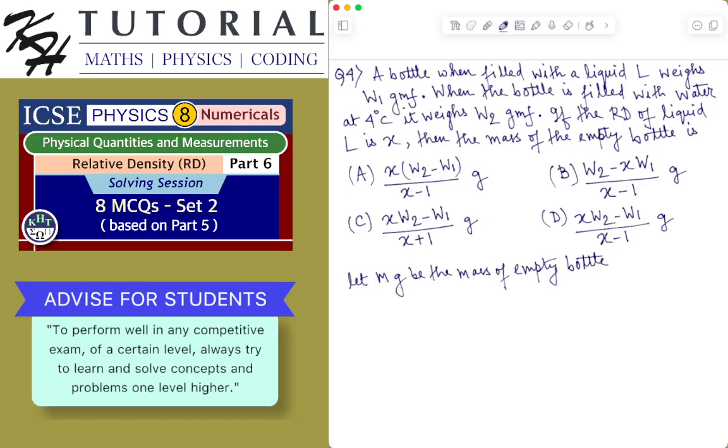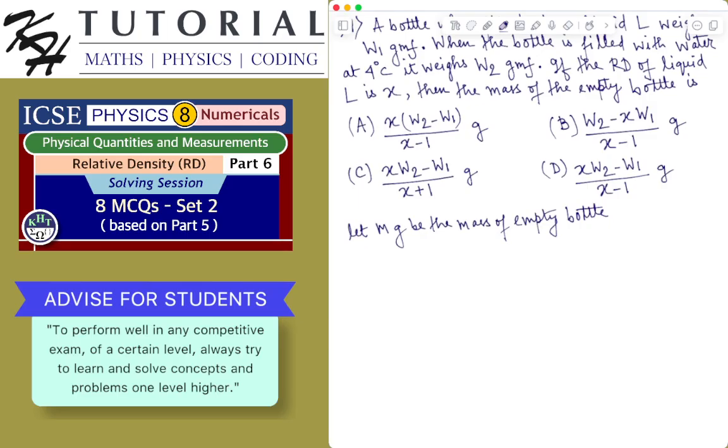So the volume of the water at 4 degrees centigrade is equal to the volume of the liquid, because in both the cases the bottle is being completely filled with the liquid and water. Okay, so let's say this is the bottle.